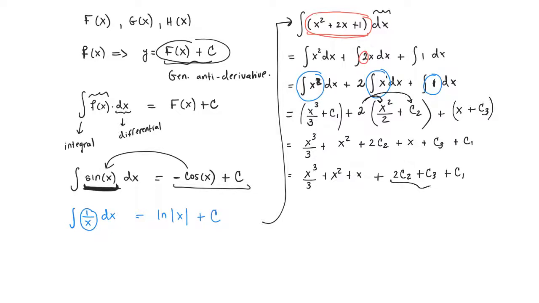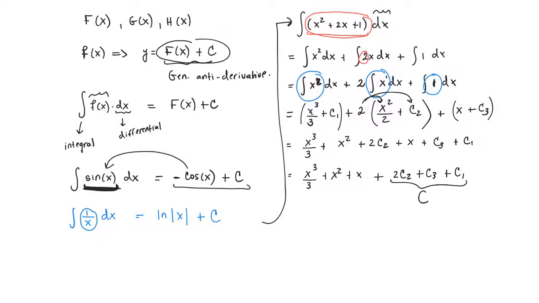In general, yes, you do have 3 separate constants, but nobody really worries about the individual constants. What is done in this case is that all 3 constants are just represented by one single constant.